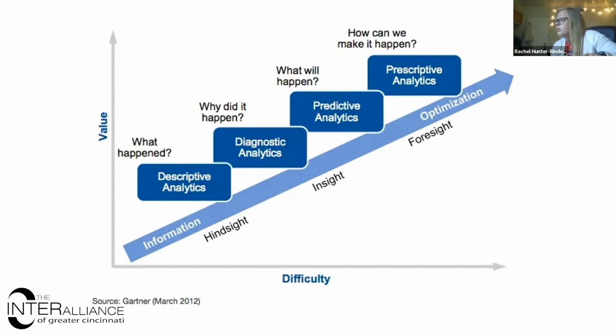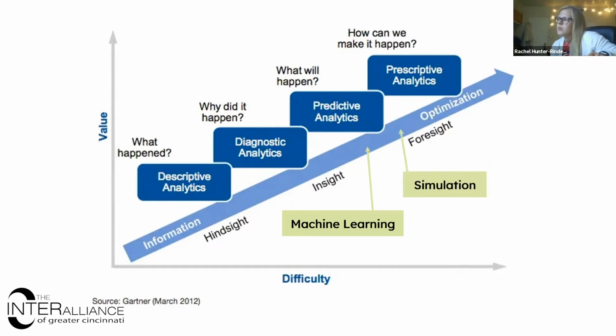And then just a few key hot words right now that I want to point out on this spectrum. I feel like everyone's really interested in machine learning right now. Machine learning sits somewhere between diagnostic and predictive analytics, depending on what you're after. And then I'm also going to talk a lot about simulation in this presentation, and I think that simulation sits just past predictive analytics.